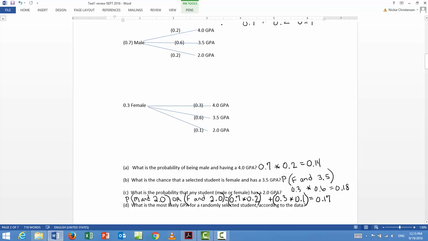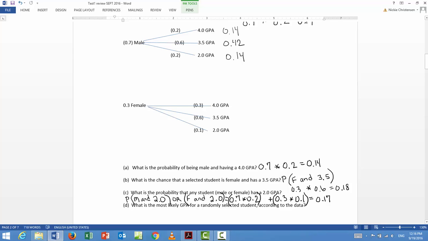So we already found the probability of male and 4-point. That was 0.14. Probability of male and 3.5 would be 0.7 times 0.6, so that would be 0.42. Probability of male and 2-point, 0.7 times 0.2, so 0.14. Then we do the same for the female tree.